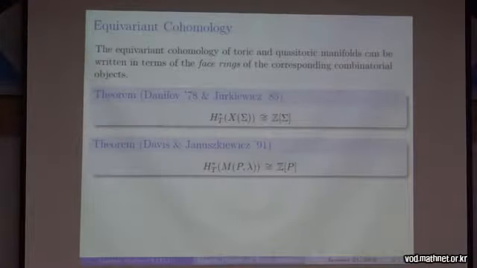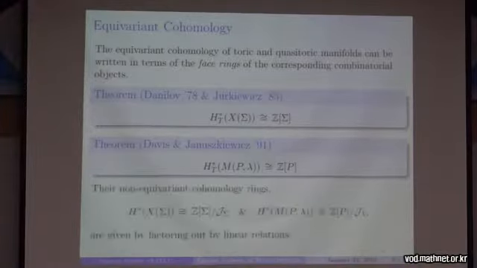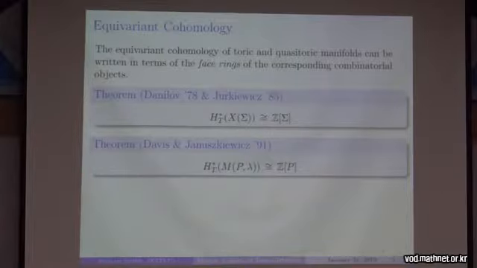As is well known, the equivariant cohomology of those two families of manifolds can be written in terms of face rings or Stanley-Reisner rings of their corresponding combinatorial objects. So for a toric manifold, you can consider the face ring of its underlying fan, the Stanley-Reisner ring.